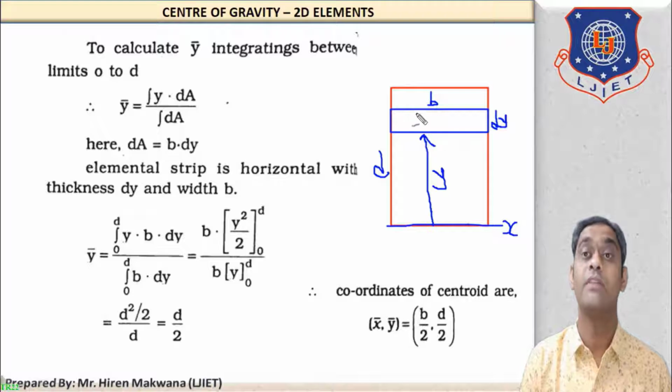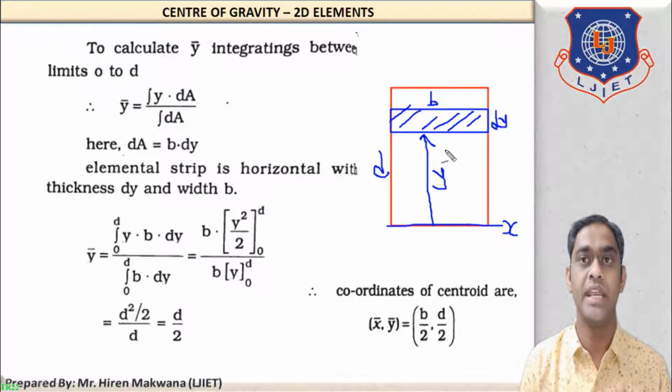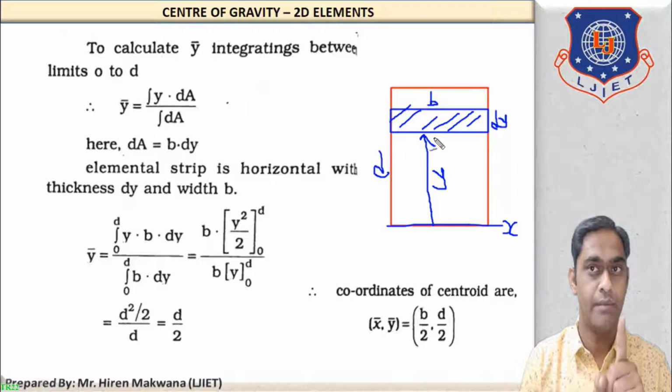So now what will be the area of the strip, which is known as dA. So dA will be equal to b into dy. So distance will be y and area is equal to b into dy.